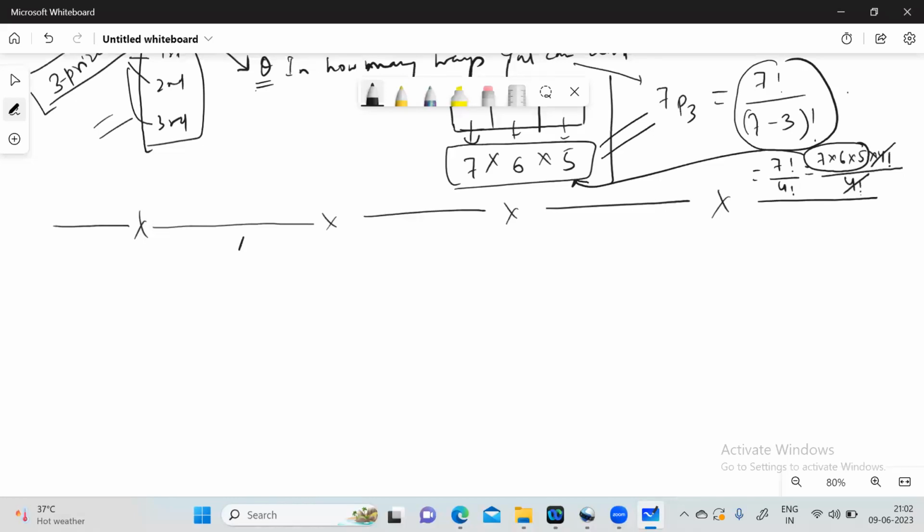So now let's say we have the same question with A, B, C, D, E, F, G. So I have 7 letters, and I am naming them 1, 2, 3, 4, 5, 6, 7, like A, B, C, D, E, F, G. And I have to make a 3-letter word.